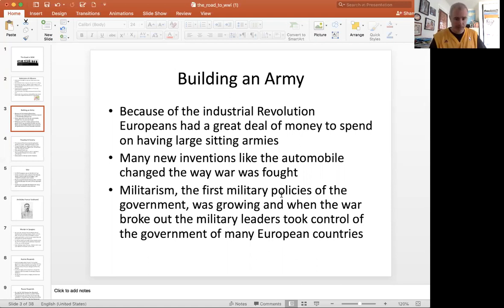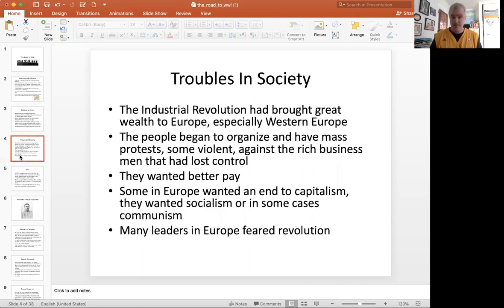It was also a military draft at this period, where building the army meant drafting young men and forcing them to fight, or at least to be in the army for at least maybe a few years in their late teens and early 20s. So militarism was also one of the causes.